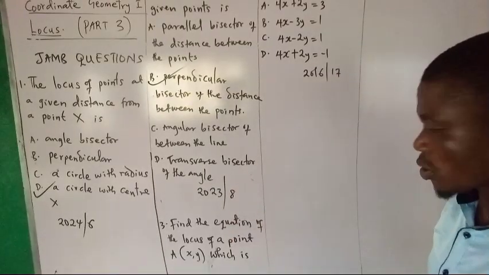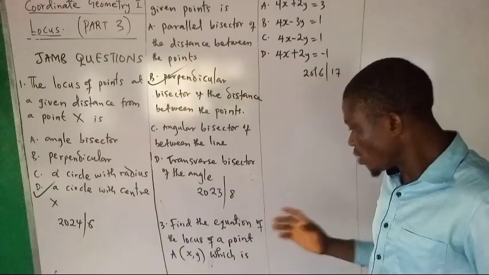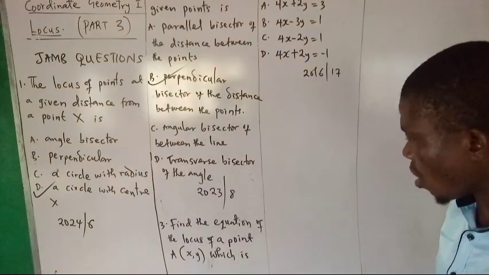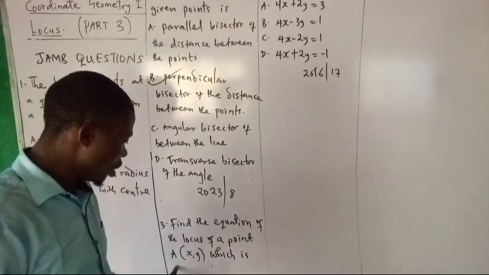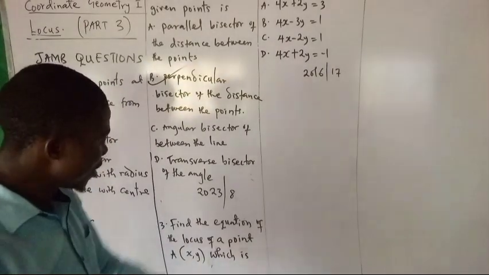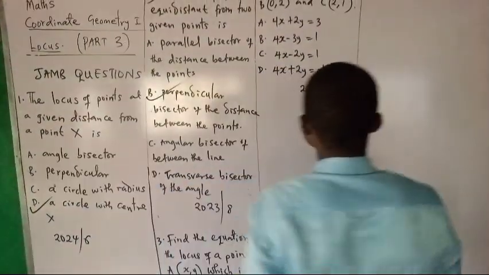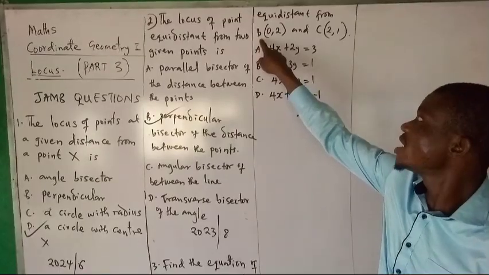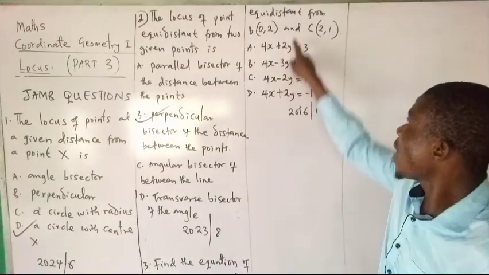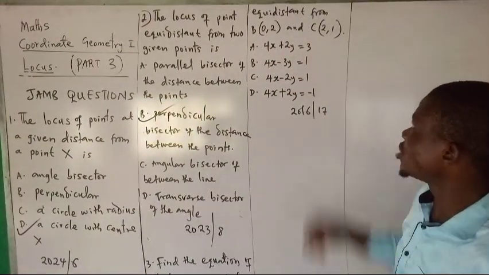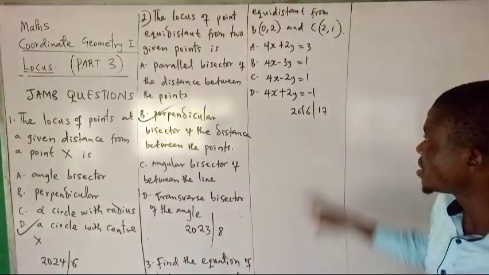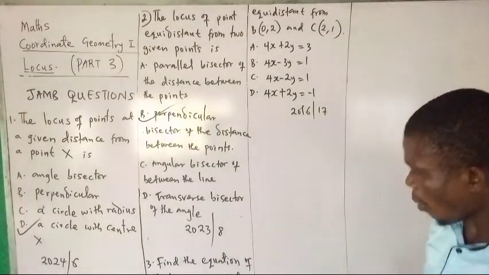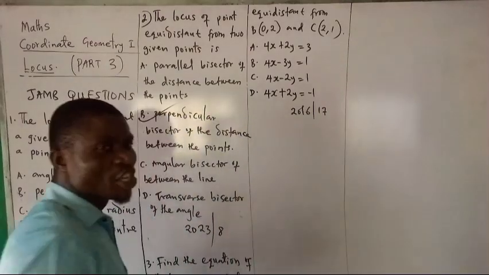Next question. Let's solve the next question. Find the equation of the locus of a point A having the coordinate x, y, which is equidistant from point B having this coordinate and point C having this coordinate. These are the options. This is the JAMB question 2016, question number 17. Now, look up, very important. I gave you a theory, right?